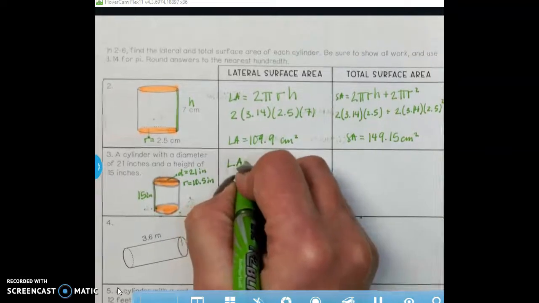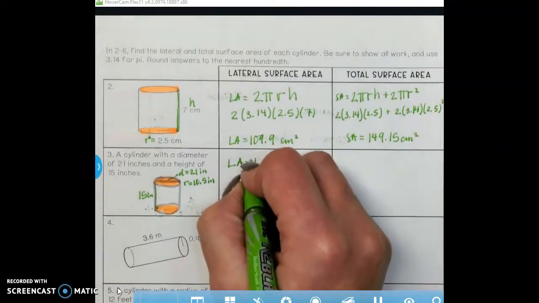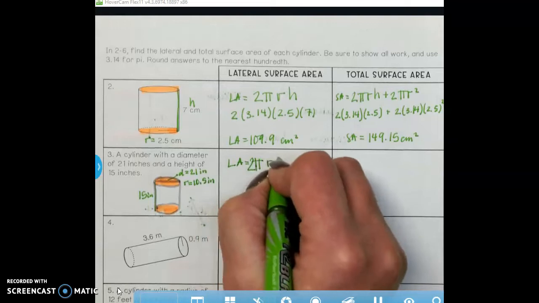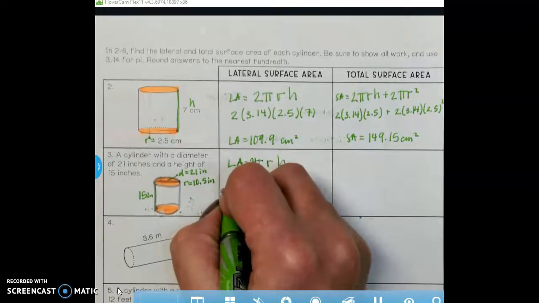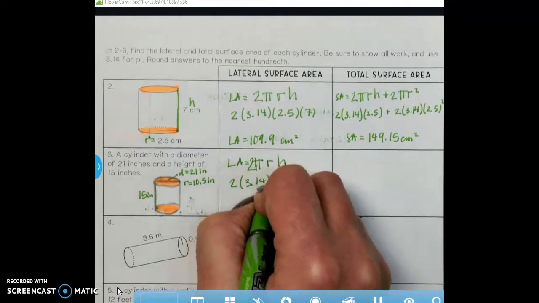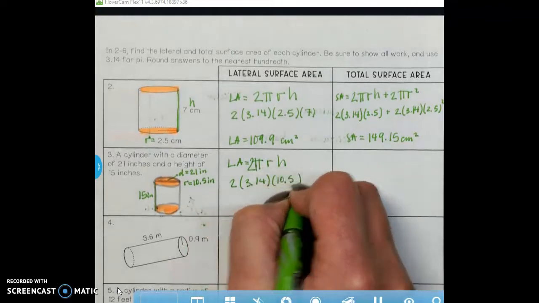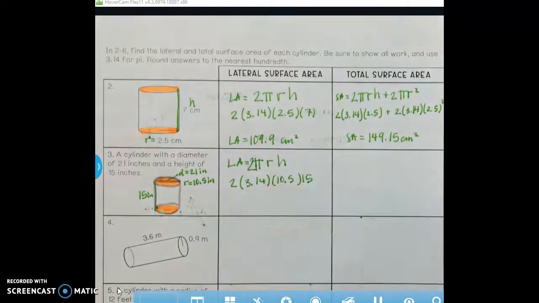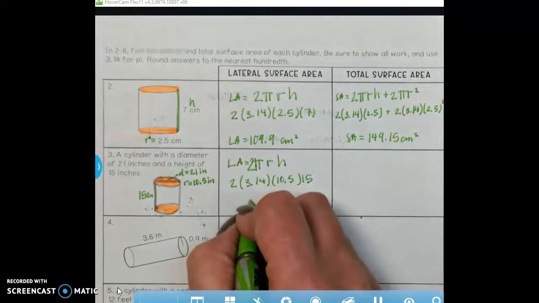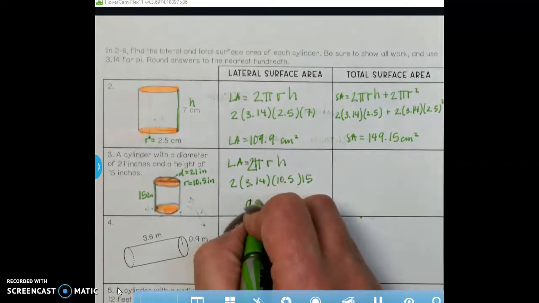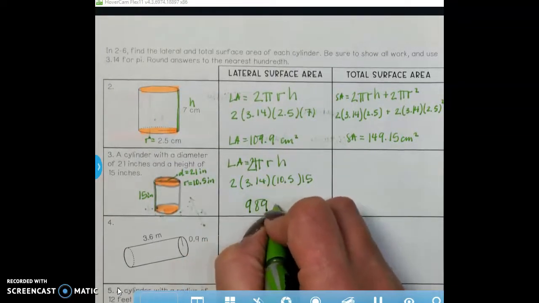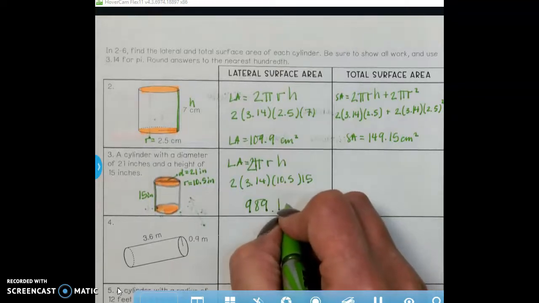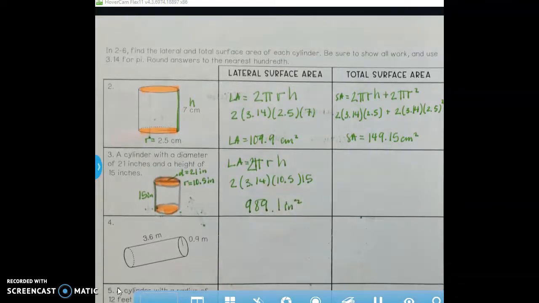Lateral area would be 2 pi r times height. 2 pi 10.5 times 15. This product is going to give us the final answer of 989 and 1/10 square inches.